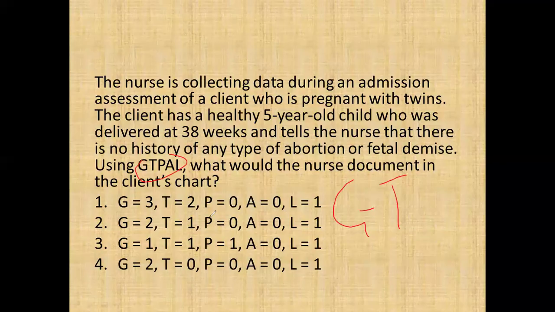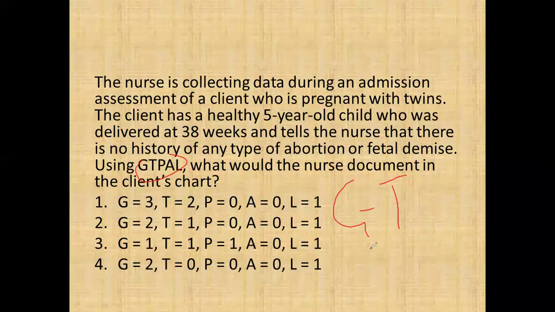Since the 5-year-old was born at 38 weeks, it means that preterm, which is the P, will be 0. And then there is no fetal demise. It means that none of the children had died. So the living child is 1. That is why at the end of the day, we had G2, T1, P0, A0, L1.